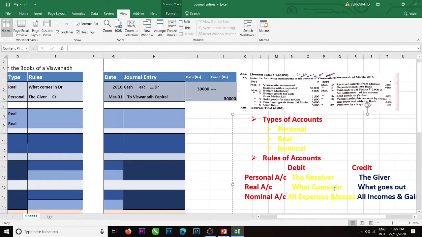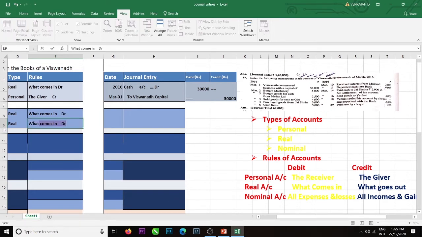That's why I have to apply what comes in, debit. Then when I purchase machinery, I have to pay cash. So cash is a real account. What goes out should be credit.